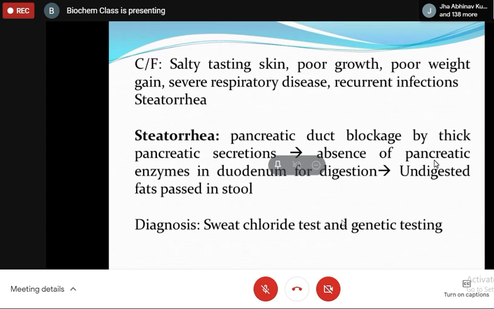You know that the pancreatic duct opens in the duodenum. So when the pancreatic duct is blocked, pancreatic secretions do not reach the duodenum, and there is absence of pancreatic enzymes.